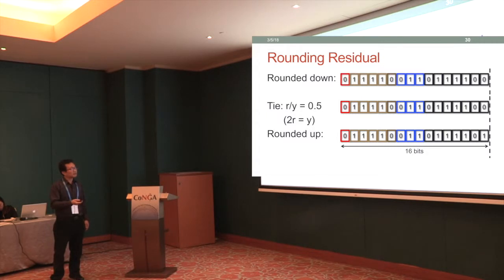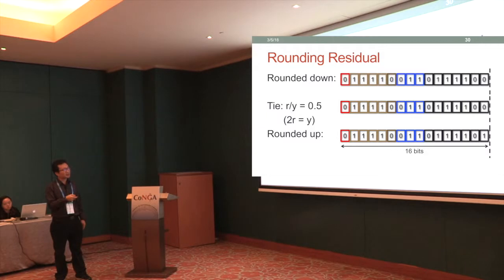Rounding the residue, maybe you only encounter this when you are performing a division. Before that, when you are implementing addition, subtraction, multiplication, you may not expect to round the residue.